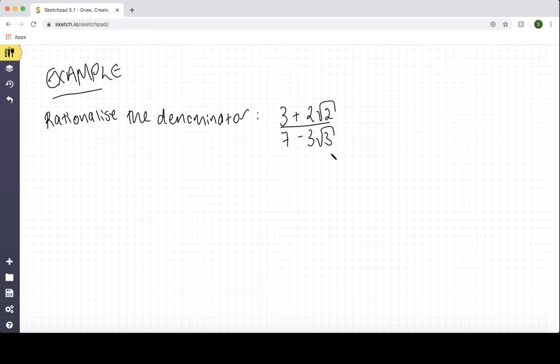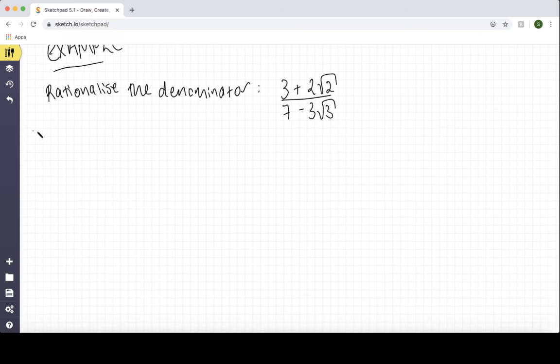Okay, so hopefully you've had a chance to do that. So let's have a look. We've got 3 plus 2 root 2 over 7 minus 3 root 3. We want to times this by something, and just as we did before, we're looking at this denominator rather than this numerator.